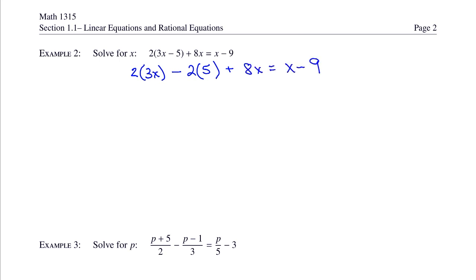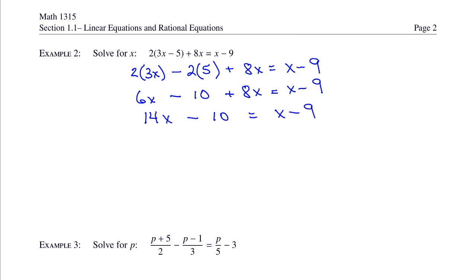And then simplify. 2 times 3x is 6x. 2 times 5 is 10. Everything else is the same. And now, let's simplify the left side. 6x plus 8x is 14x. Everything else remains the same.